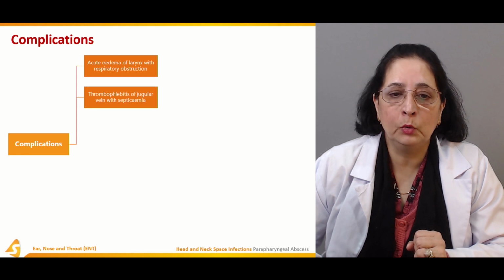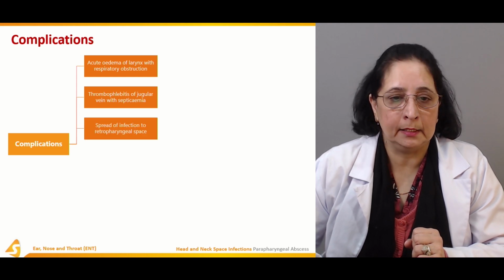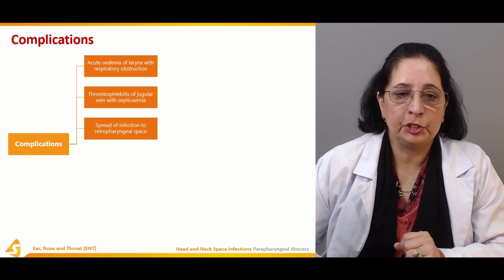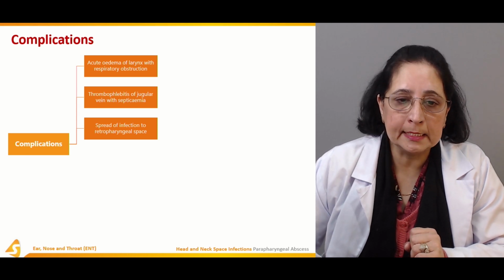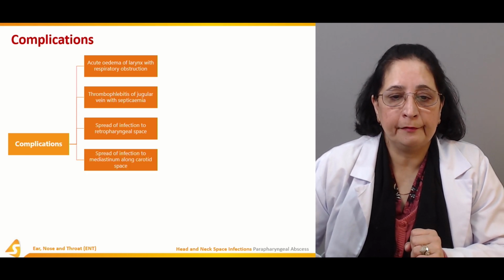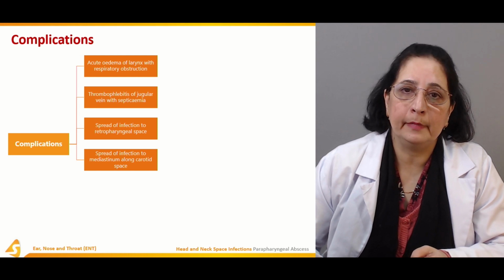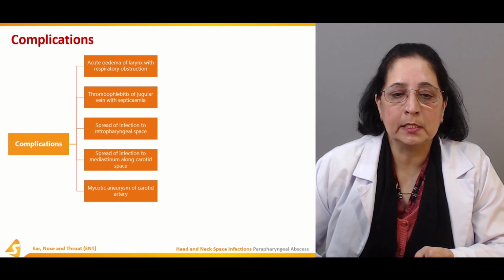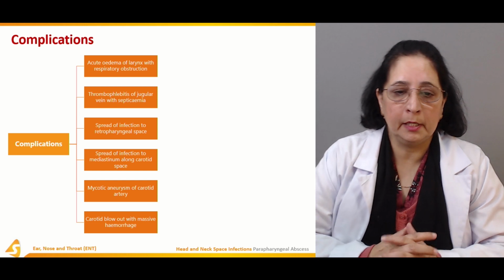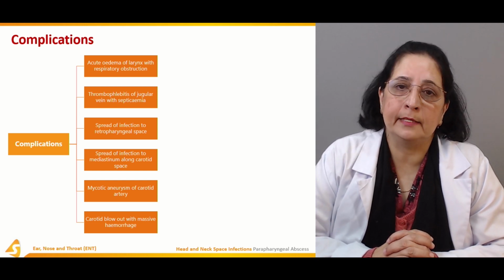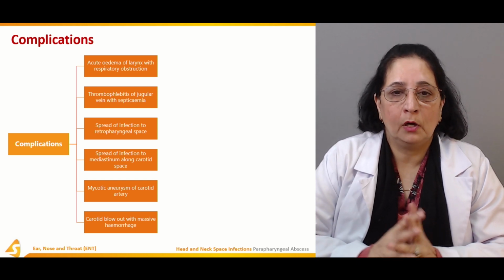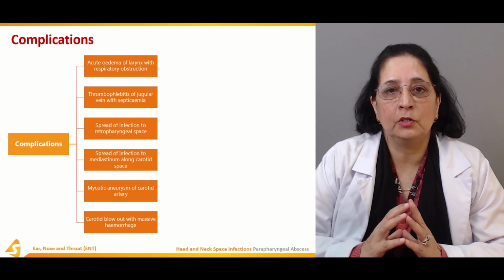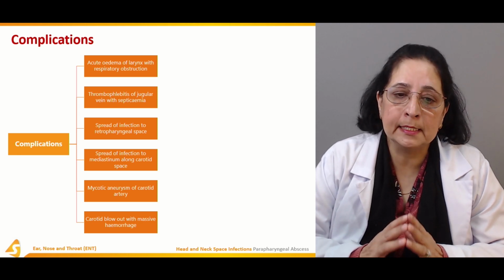Thrombophlebitis of jugular vein and septicemia, spread of infection to retropharyngeal space, spread of infection to mediastinum along carotid space, mycotic aneurysm of carotid artery, and carotid blowout with massive hemorrhage. So all these are the complications of parapharyngeal abscess.